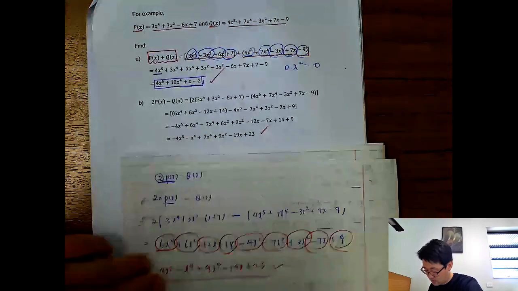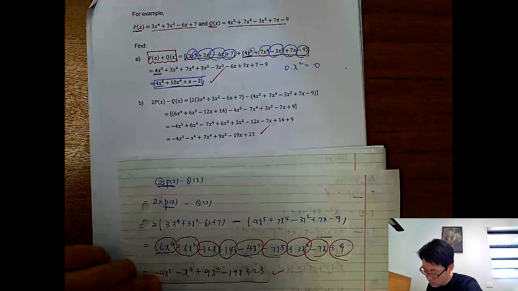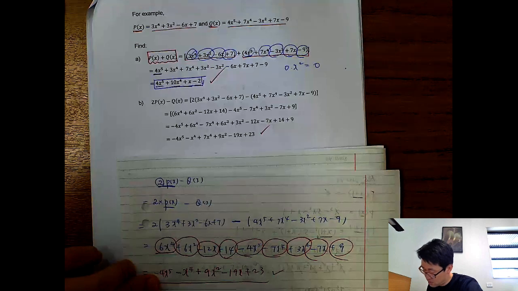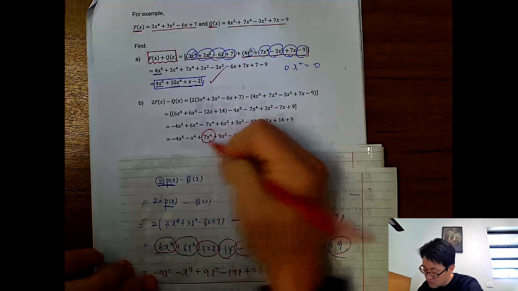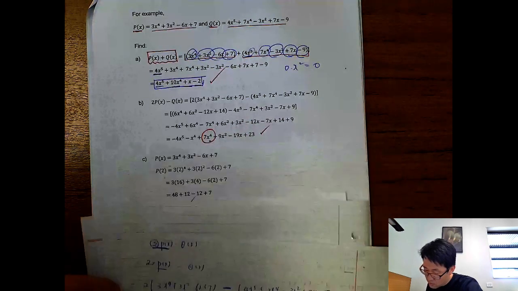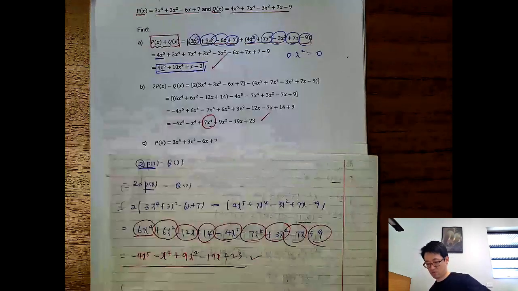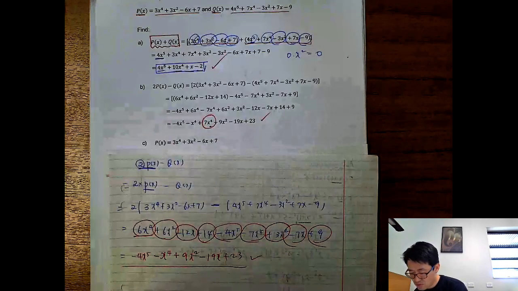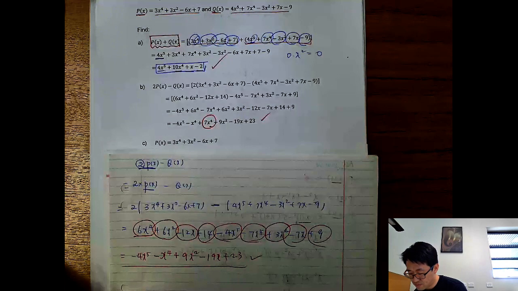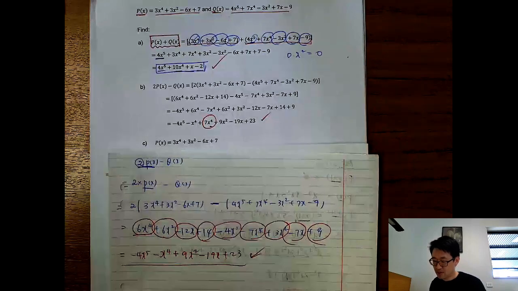Am I right? Correct, except I lose 7. Oh, what did I do? Why did I do it that way? Okay, I'm correct.